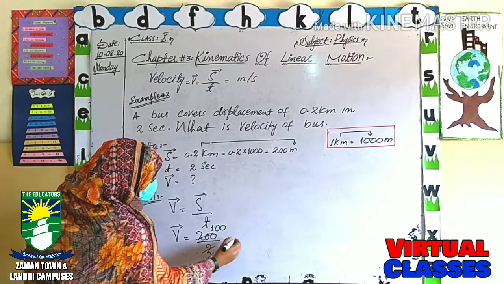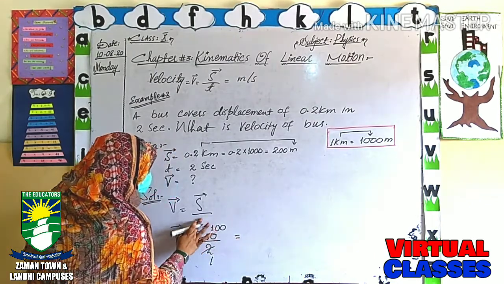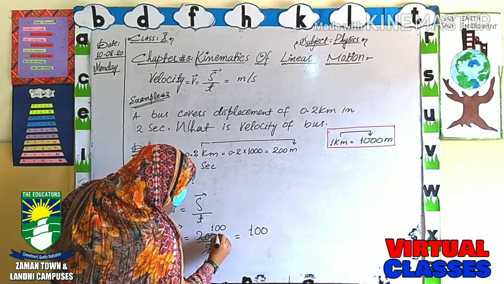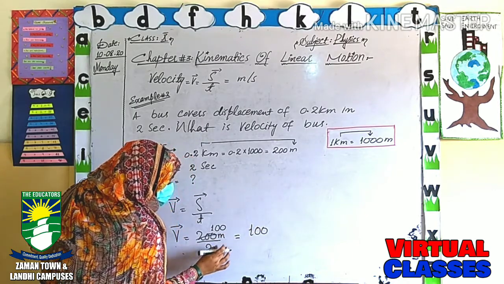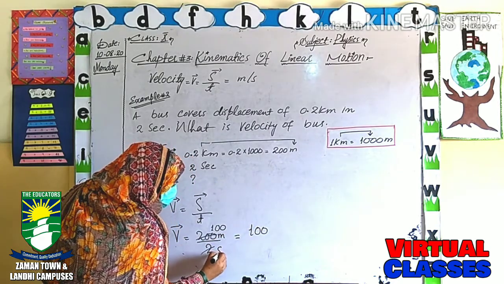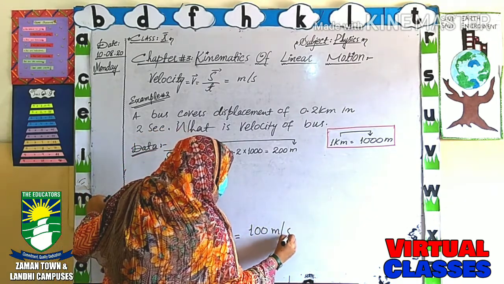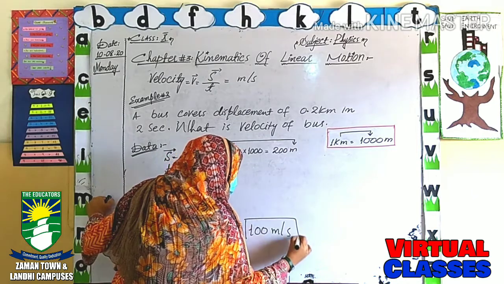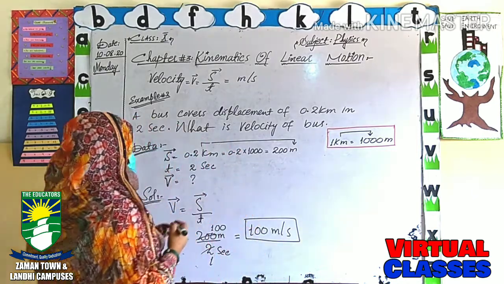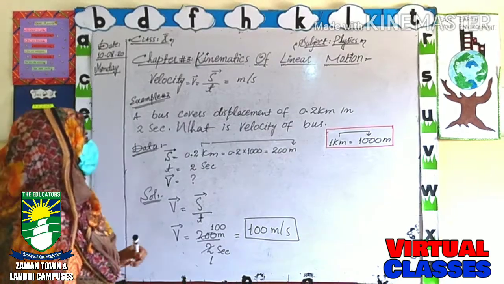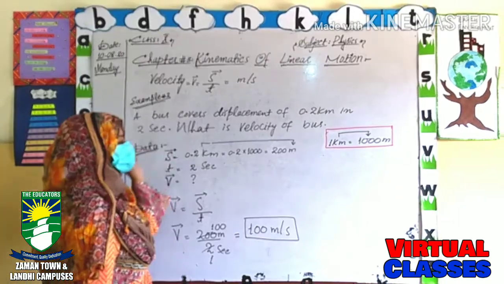I am just writing the answer here to make it clear. That is 100. The unit for displacement is meter and the unit for time is second. So the answer will be 100 meter per second. It's the velocity of the bus which is covering the distance of 0.2 kilometer in 2 seconds.